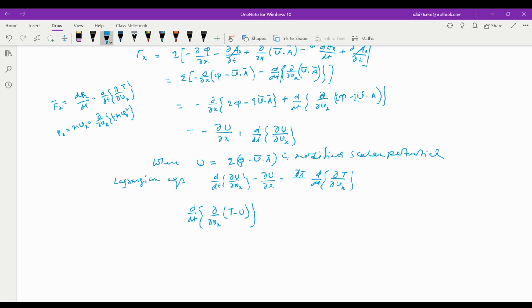This comes this side plus, but there will be a minus sign. I'm making it T minus u.